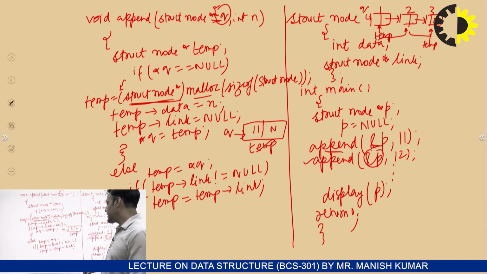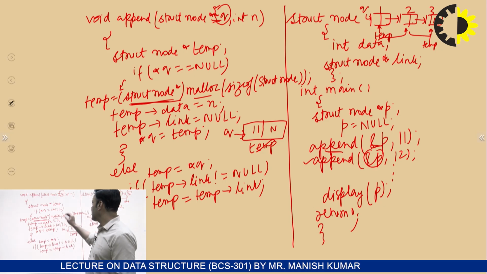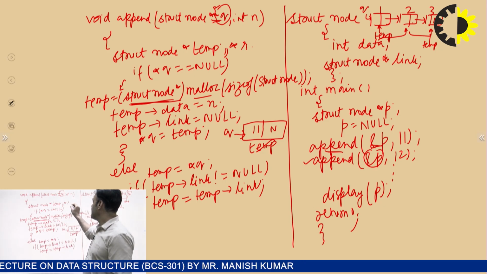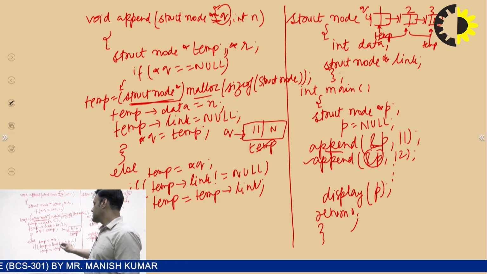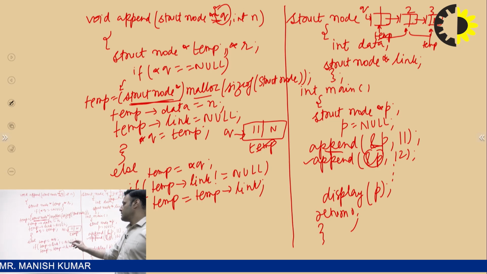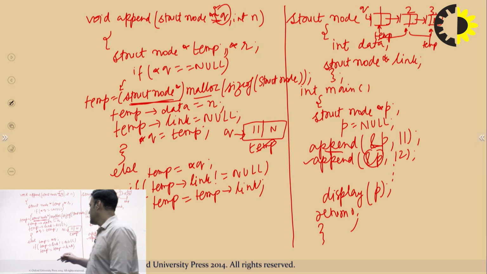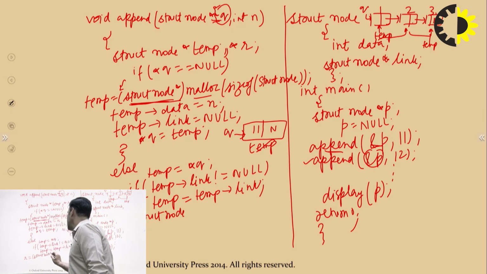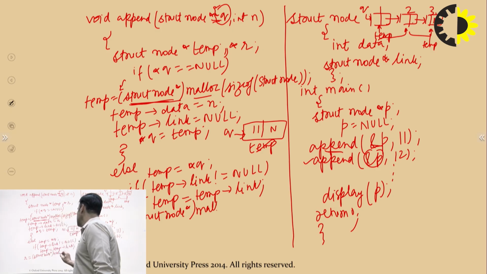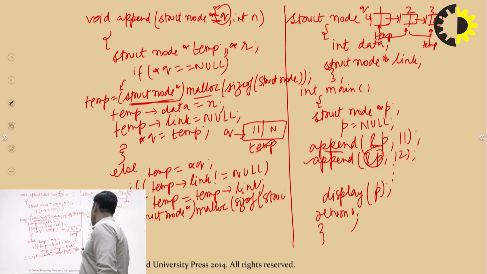So for that, what I have done, a node will be created. For creating a node, I have taken another variable star r. If this condition is false and temp's link has null, then what we will do? A new node will be created similarly as we have created before, with the help of struct node star r equals malloc size of struct node, like this.